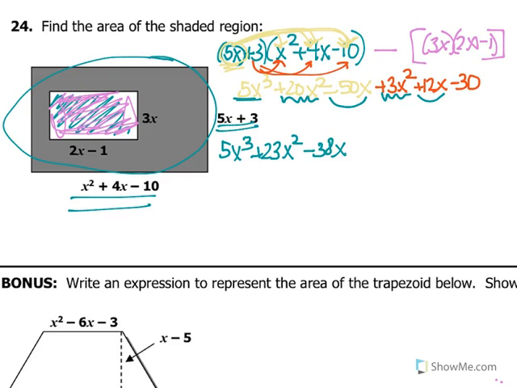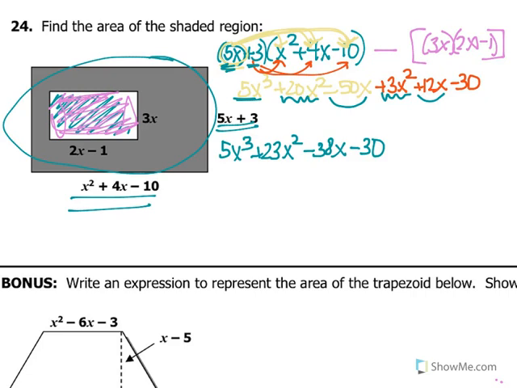And then I have my last term in here, which is the negative 30. No other like term with that. So that's multiplying your binomial times the trinomial. The first term, 5x, by all three terms, and then the second term in the first binomial by all three terms. And then we'll just have to clean up by adding those together.